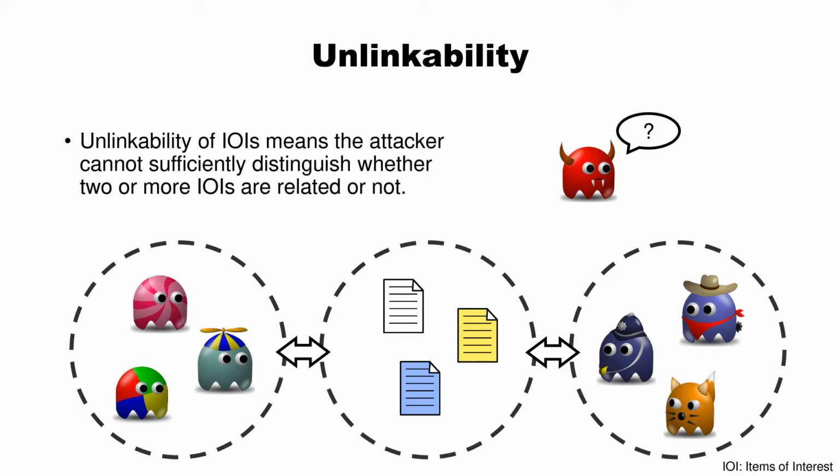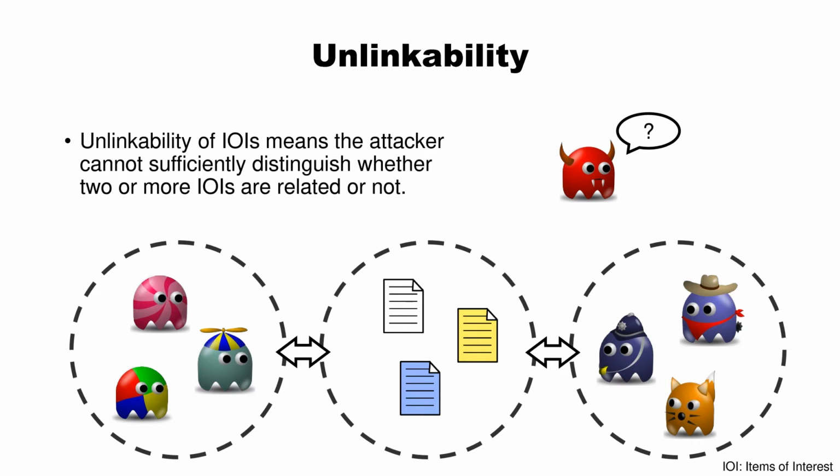If I have unlinkability between the messages and the receivers, it means the attacker cannot associate messages to receivers. And you have unlinkability between the senders and the receivers. It means that the attacker, or Eve, that's sitting on top there, cannot identify who is communicating with whom. So this means there's unlinkability between senders and receivers.